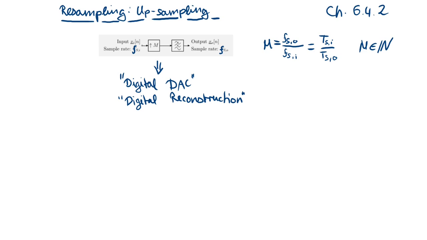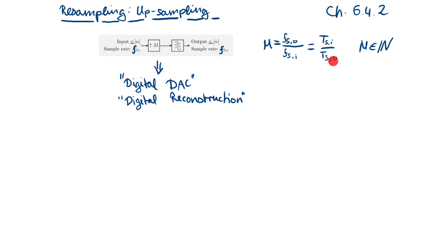And here we also use another symbol. It's not N, it's M, and this is our interpolation factor. So this is the ratio between the output sampling frequency and the input sampling frequency. Please mind that the sample periods can also be used, but then it is inversed.